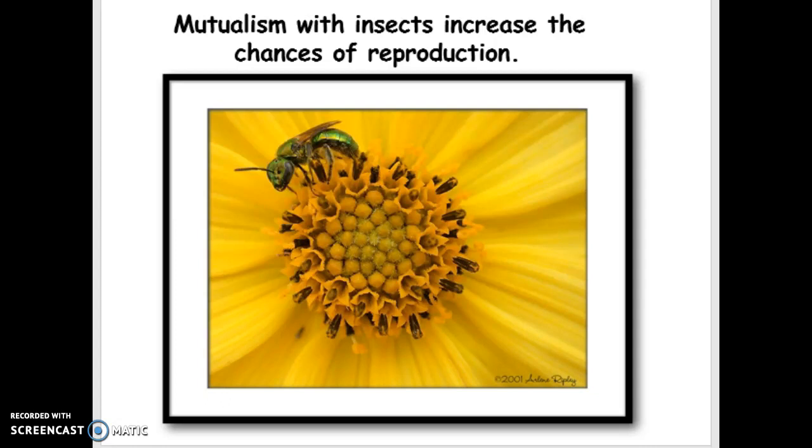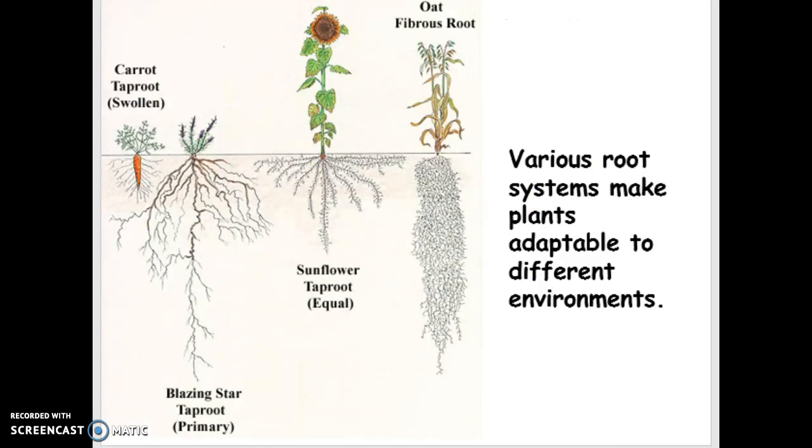So something we'll revisit with ecology when we get to that unit. Plants use root systems to make them adaptable to different environments. You know, big fibrous roots, tap roots, etc. All sorts of different types of root systems to make them adaptable, again, to various environments.